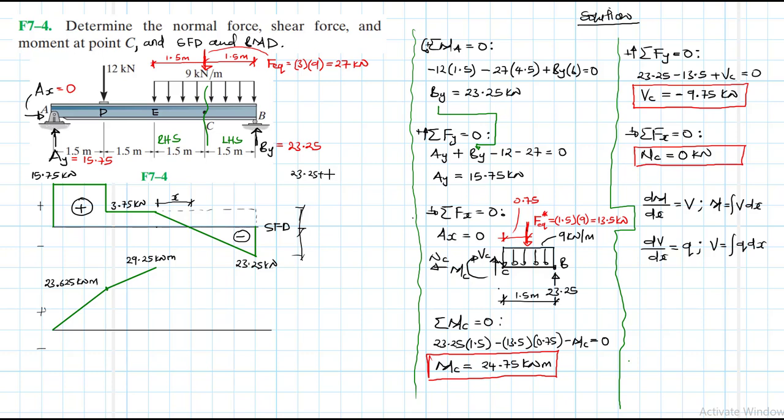This length, 23.25 plus 3.75, divided by this length, which is 3. 1.5 plus 1.5, which is 3, is equal to 3.75, this height here, divided by x.